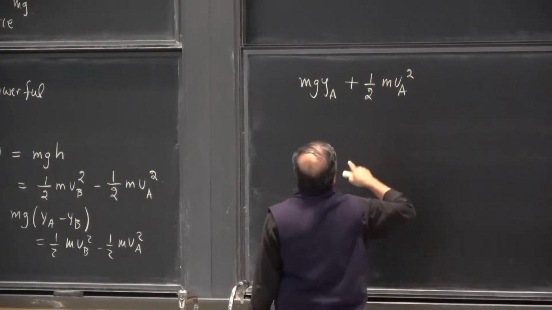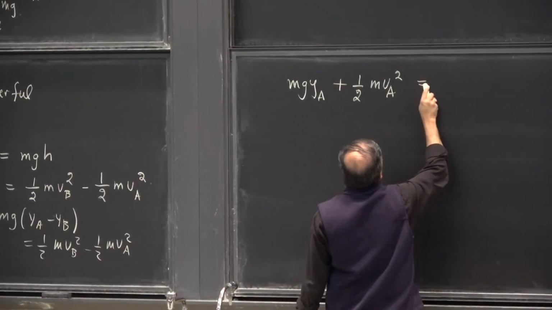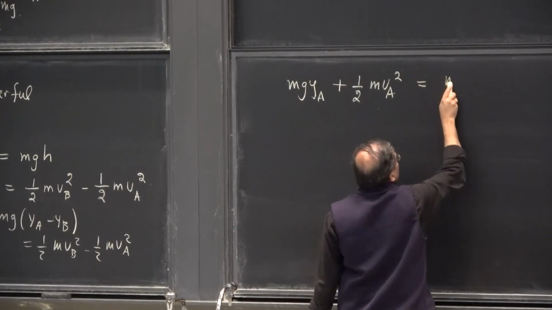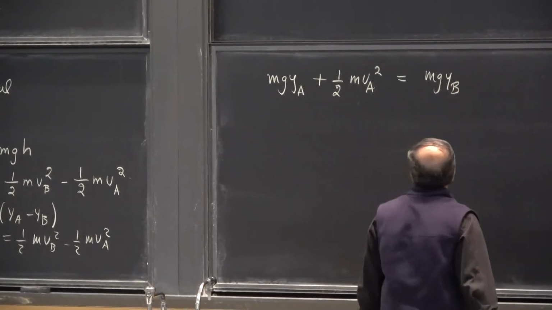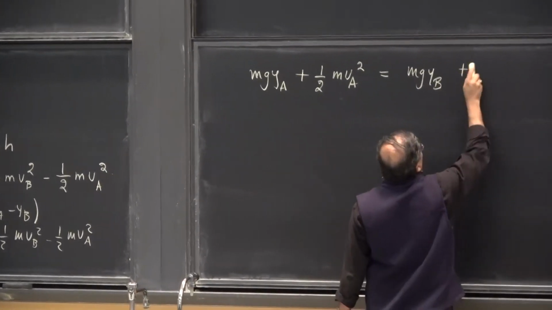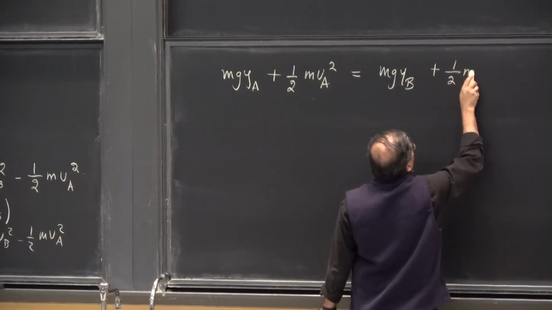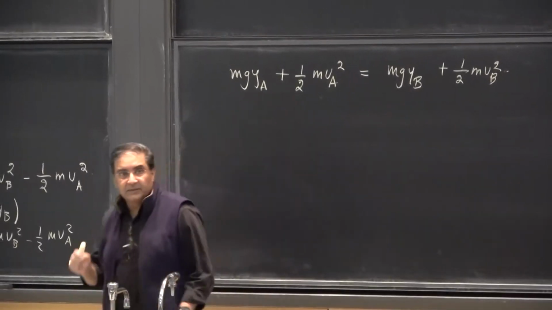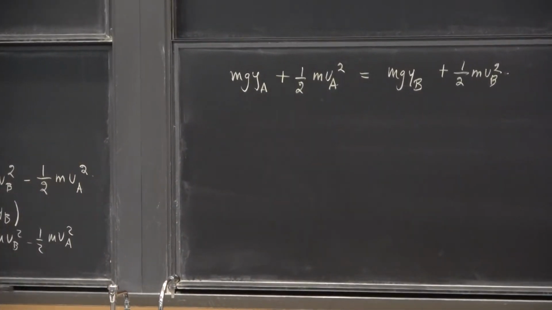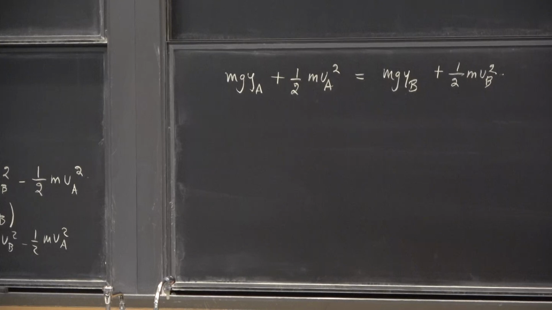Since that has a velocity square, that is what we will call kinetic energy, energy by virtue of motion, is mgyb plus 1/2 m vb square.